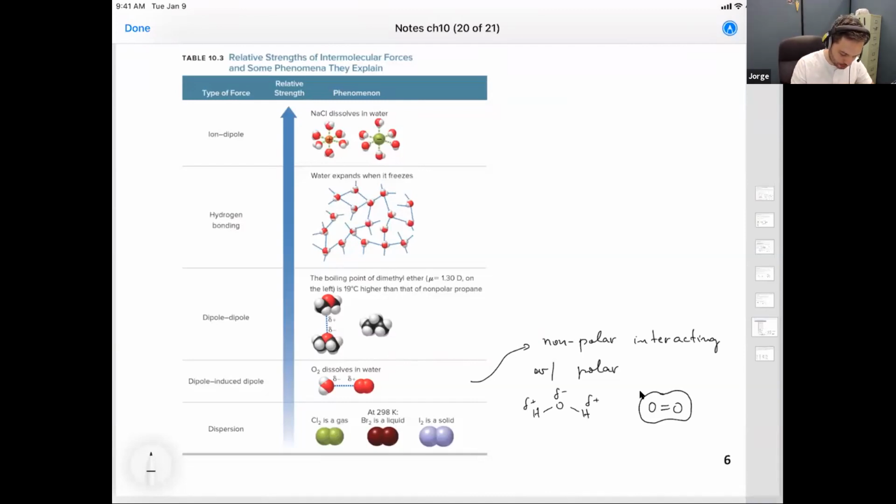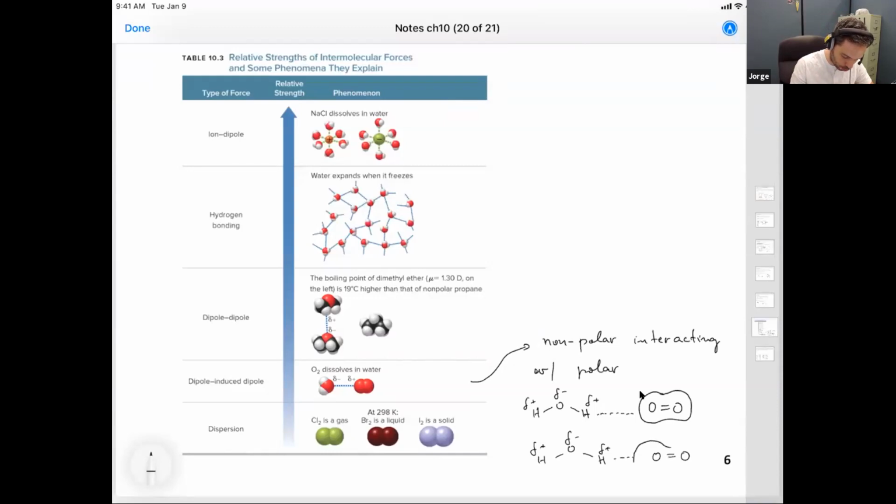For example, the hydrogen that's very strongly positive will attract the electrons towards the left side of the oxygen molecule, and that will create a distortion in the electron cloud of the oxygen molecule.